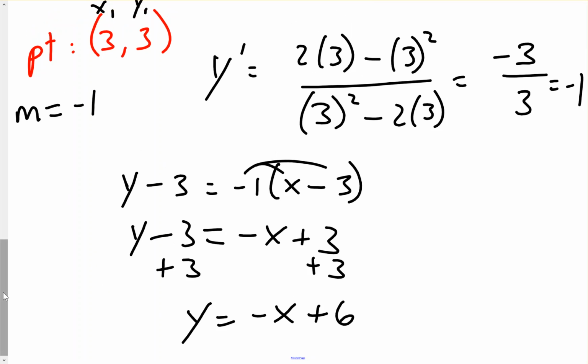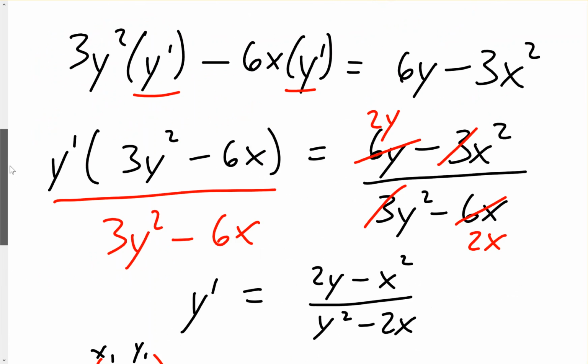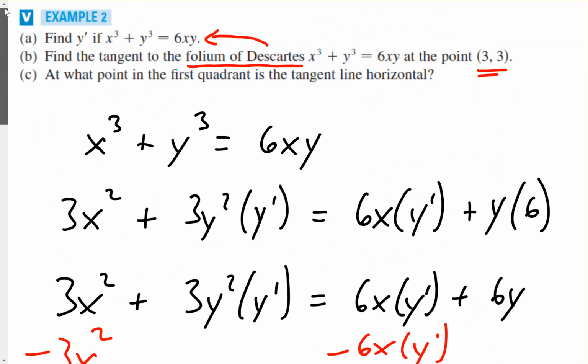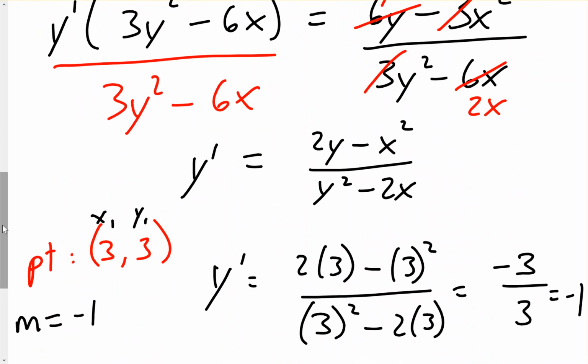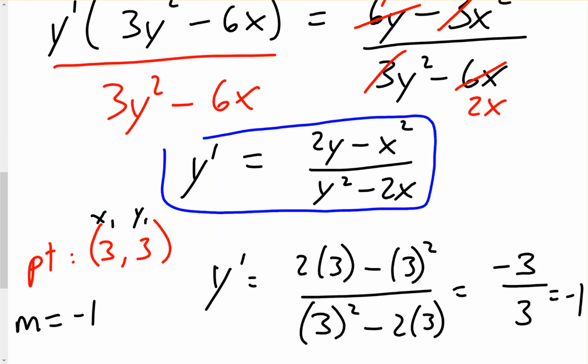For the last part, let's take a look at that one. They want to know at what point in the first quadrant is the tangent line horizontal. That horizontal tangent line is going to come from the equation for the derivative. So we have to set this equal to 0.